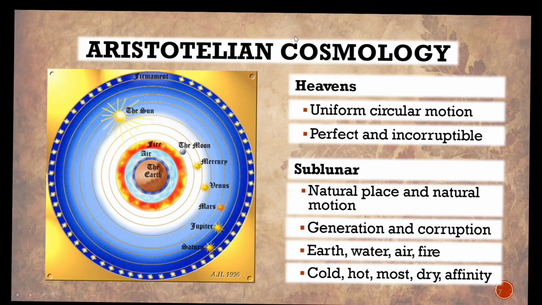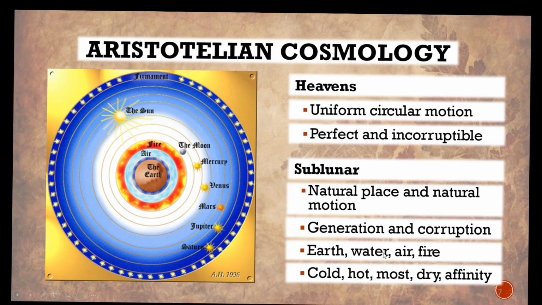So in the Aristotelian cosmology, what we consider as heavens are actually those above the earth. We have here the moon, the sun, and the other planets. And the sublunar is what can actually be generated.